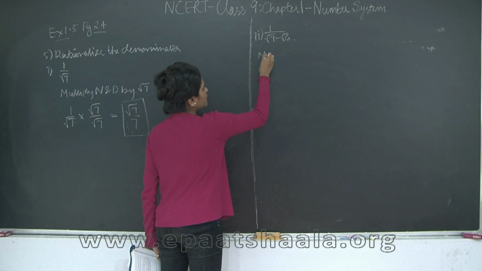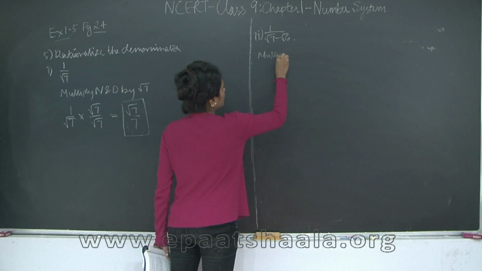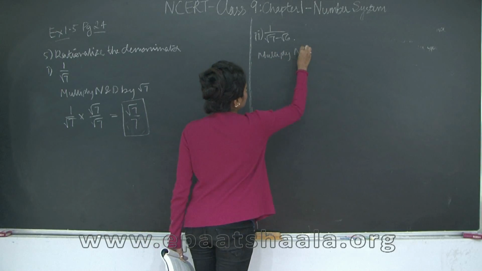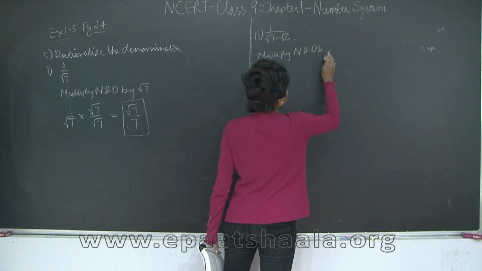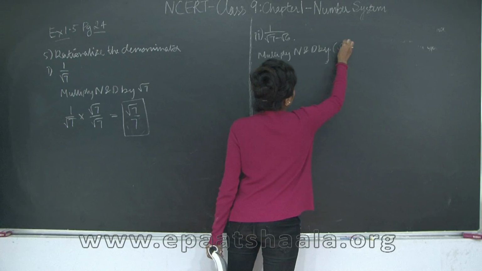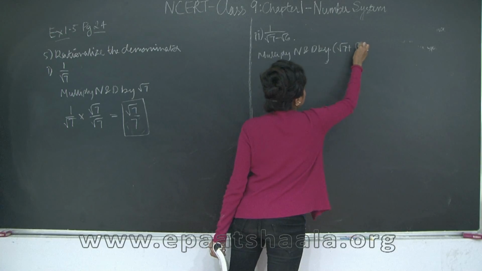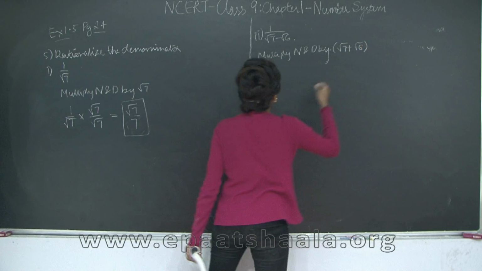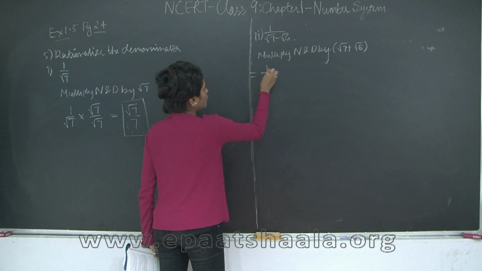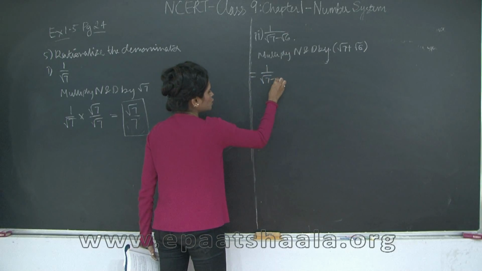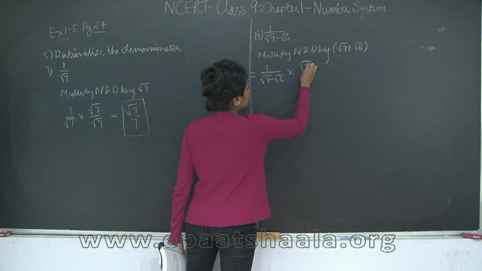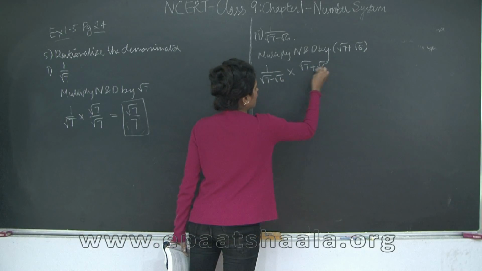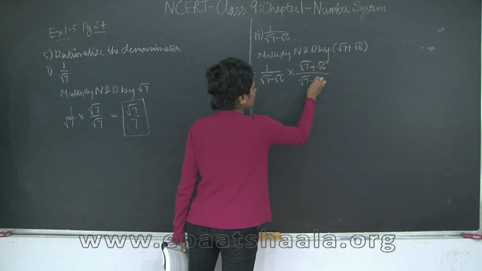Therefore, I will multiply numerator and denominator by the rational factor root of 7 plus root of 6. So what do I get? This is equal to 1 upon root of 7 minus root of 6 into root of 7 plus root of 6 upon root of 7 plus root of 6.